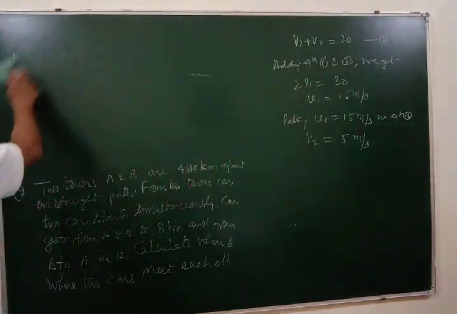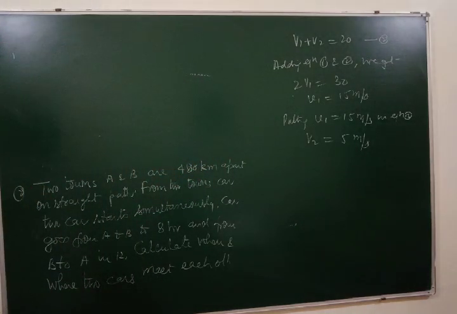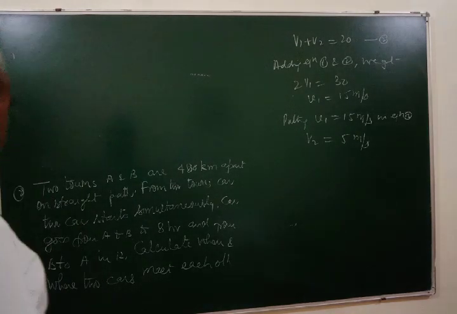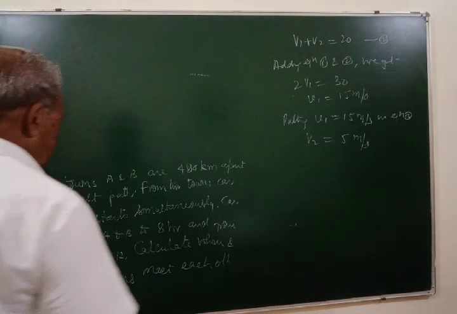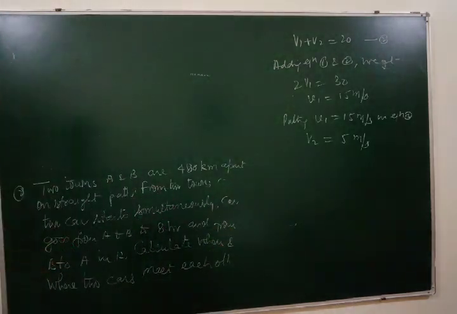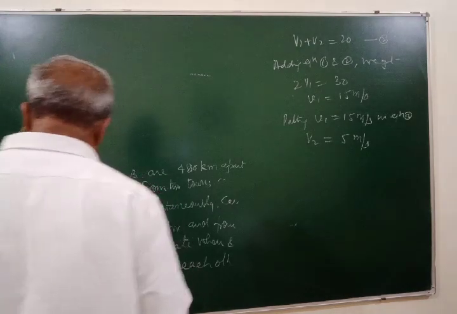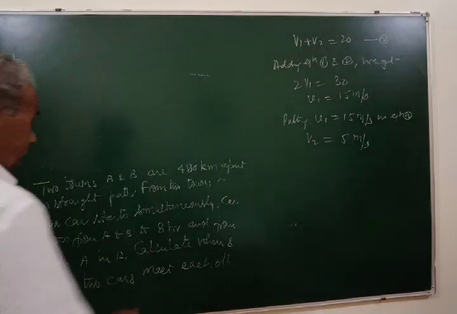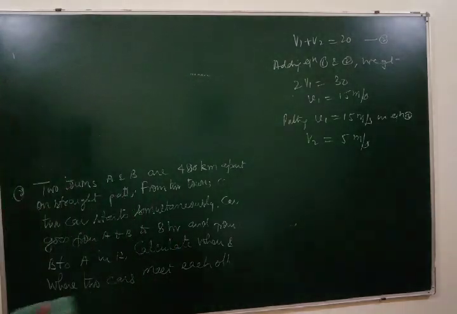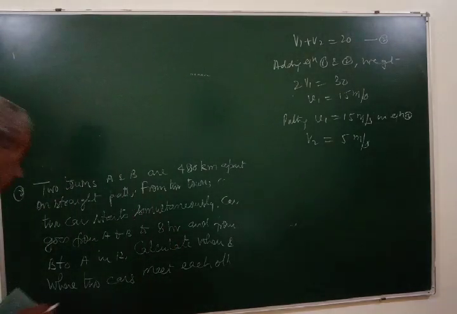Two towns A and B are 480 km apart on a straight path. From the two towns, two cars start simultaneously. The car goes from A to B in 8 hours and the car from B to A in 12 hours.